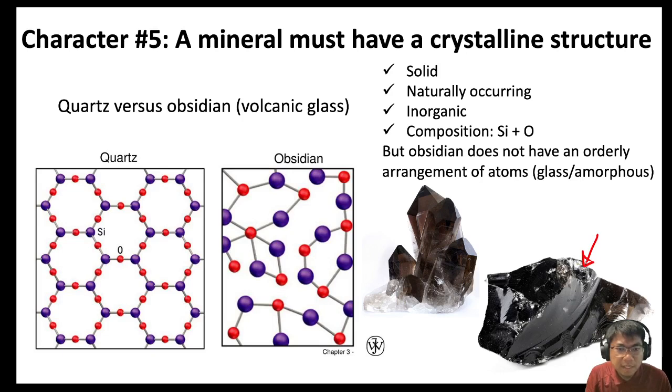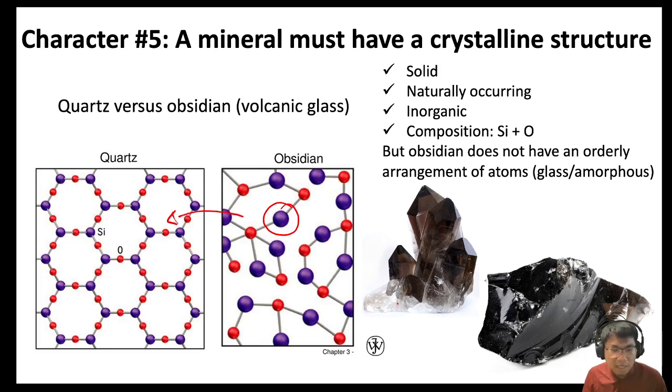Obsidian also has this purple ball right here, which represents silicon, as well as red ball, which represents oxygen. So we have the same exact composition as quartz. However, if you take a look at the arrangement of atoms within obsidian, actually they just look very random. We have silicon right here, we have this silicon right here. It just doesn't produce a nice geometric pattern that we see within quartz.